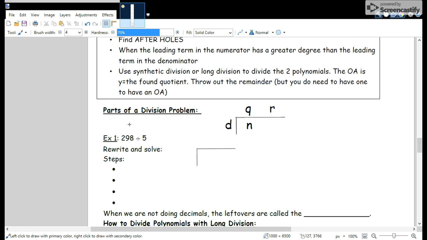Let's talk about the parts of a division problem. So we have n right here. That's your numerator, also known as your dividend. The number on the outside is your denominator, that's your divisor. The q on top is the quotient.